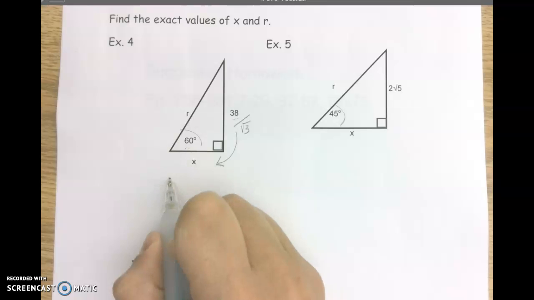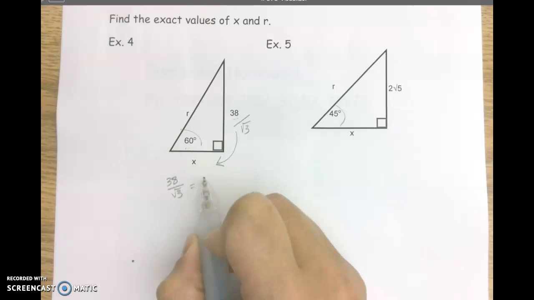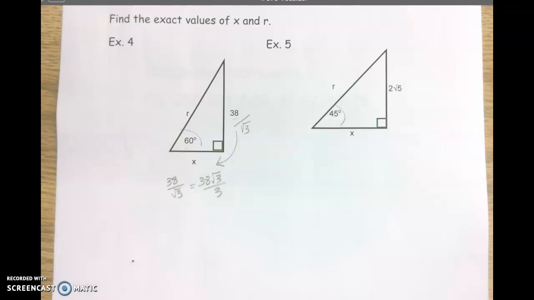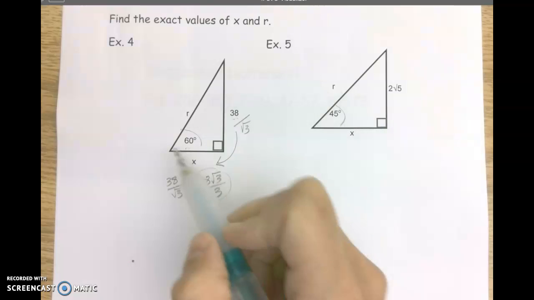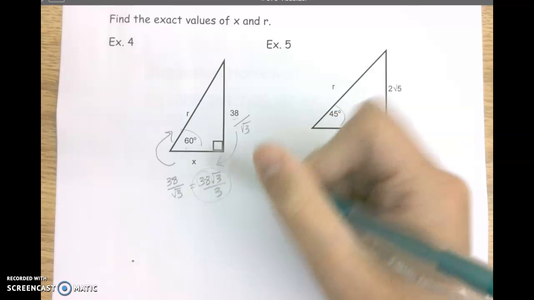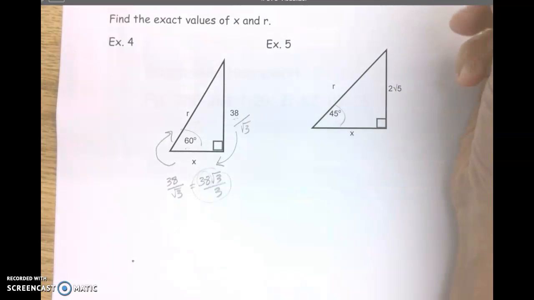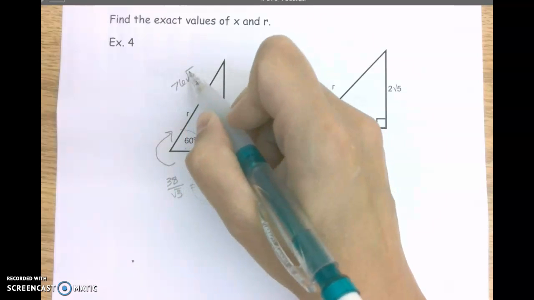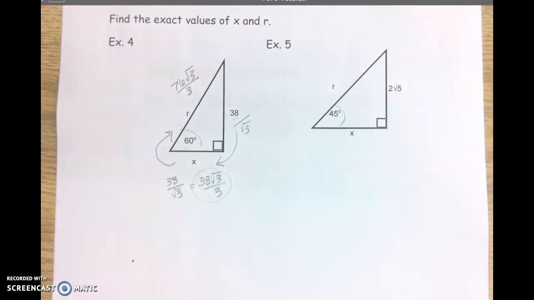Okay, so this is going to be 38 divided by the square root of 3, which is 38 square roots of 3 over 3. And then, going from the short leg to the hypotenuse, I multiply just the 38 times 2. So that's going to be 76 square roots of 3 over 3.